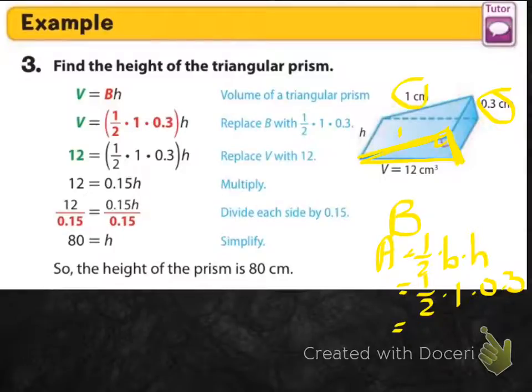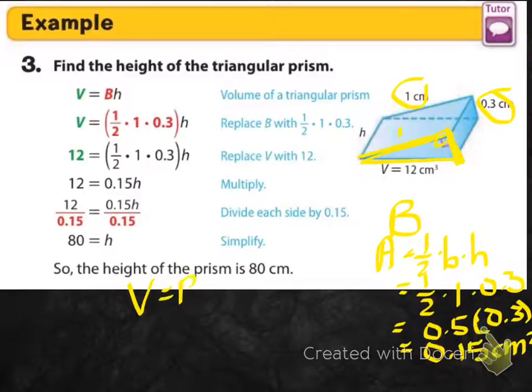So I'm going to do 0.5, which is 1/2, times 1. And then that's going to be times 0.3. And so in the end, I end up with 0.15 centimeters squared. Okay. So then for my volume equals base times height, let's plug in what we have.